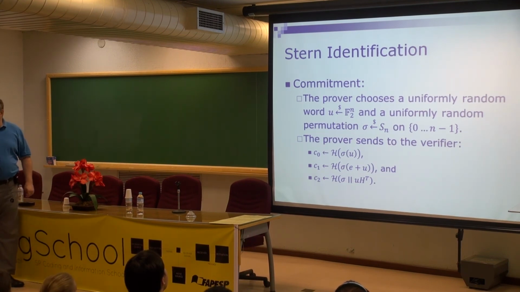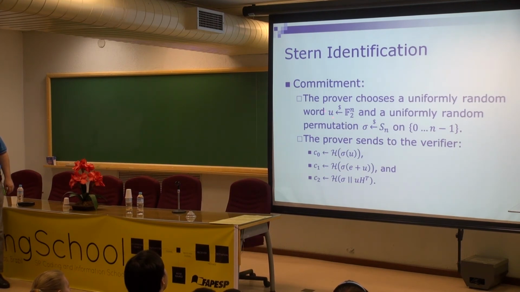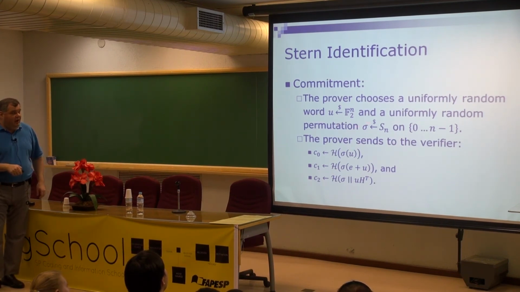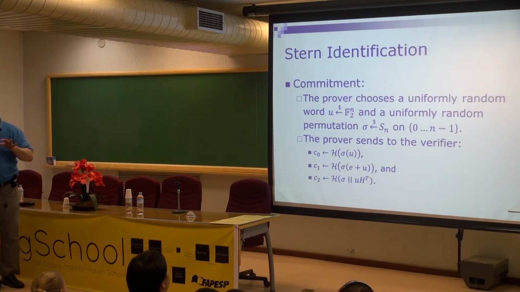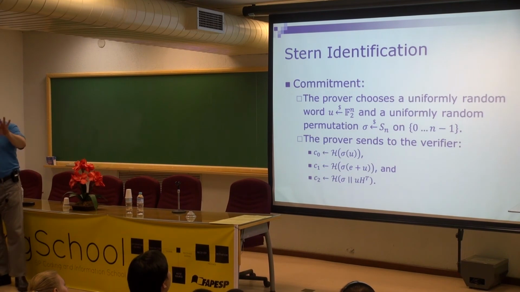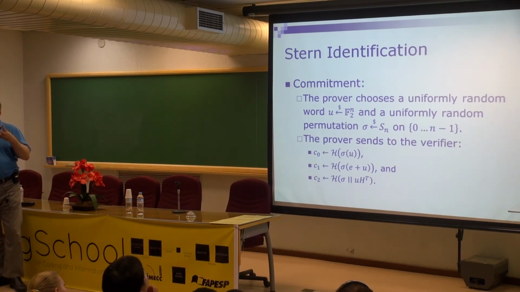What is the commitment? We are the prover. We know the secret error pattern. We choose a uniformly random word, not necessarily a code word. It's a random word U of length n, and also a uniform permutation sigma on n-bit words. A permutation is a way to move around the bits in an n-bit word. We will send 3 hash values to the challenger.